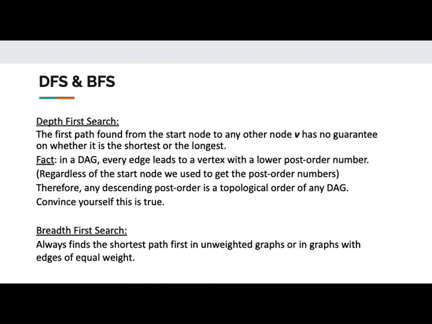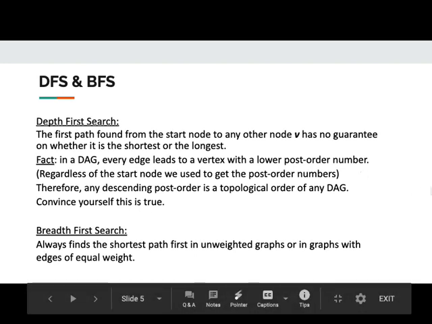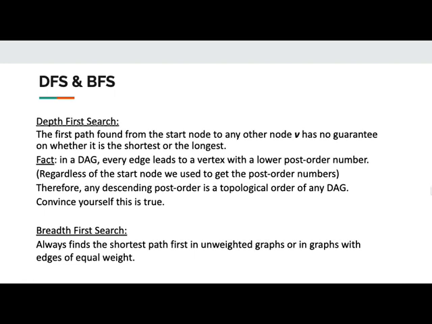Right. The path that DFS gives you does not guarantee that it is the shortest path, which is not true for BFS. BFS will always give you the shortest path, assuming the weight of each edge is only 1.